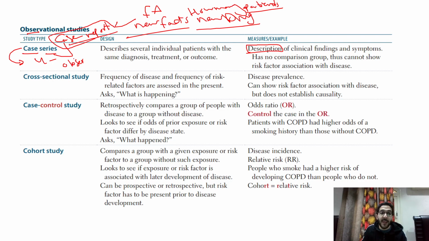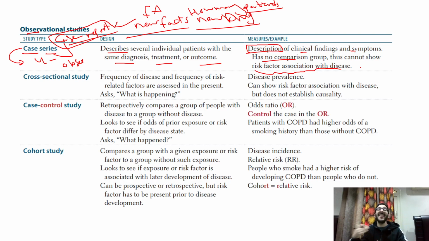You're just describing several individual patients with the same diagnosis, treatment, and outcome, and reporting the new stuff, along with the clinical findings and symptoms. There is no comparison group, and you're not showing any risk factors or any relations or associations. Again, it's not analytical. These are the two descriptive studies.